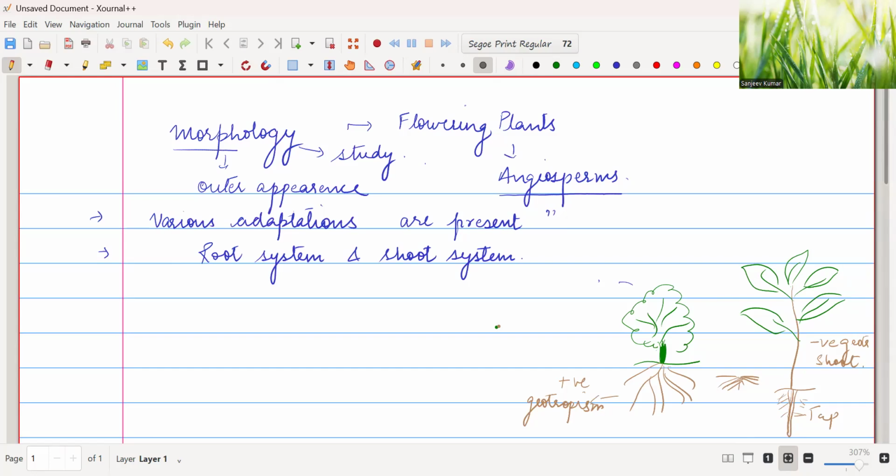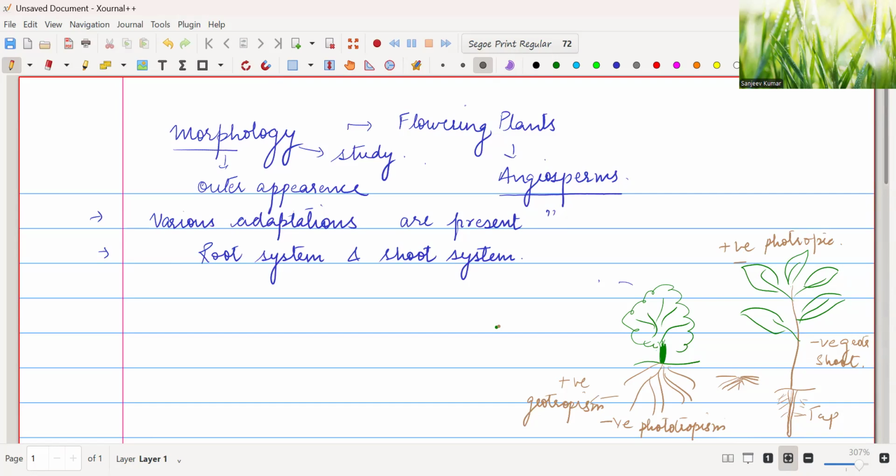Same as, will it be right to say it's a negative phototropism which is shown by the roots, and positive for the shoot, for the stem, to show the phototropic effect? So these phototropic movements can be shown by the different root and shoot system.